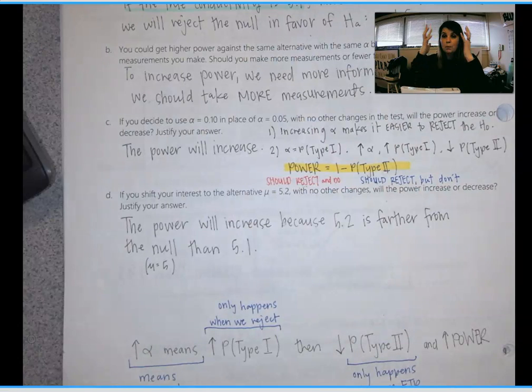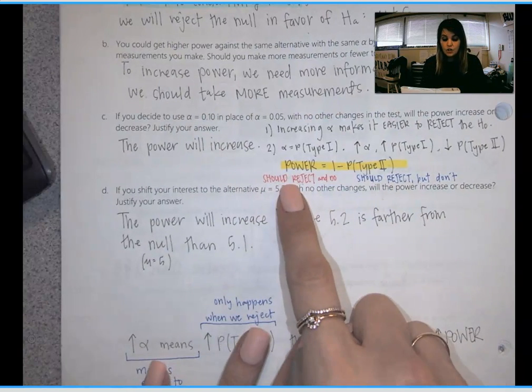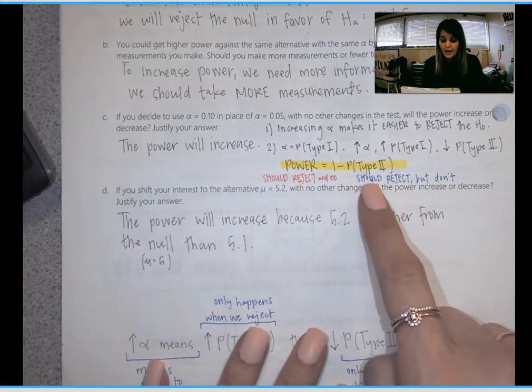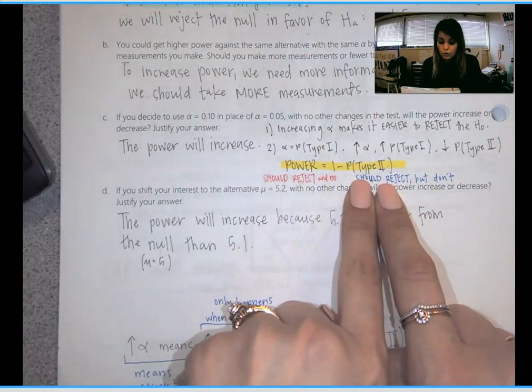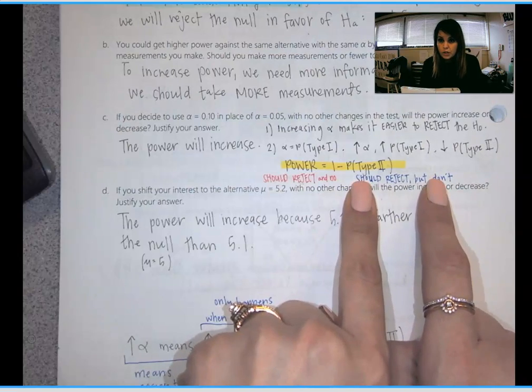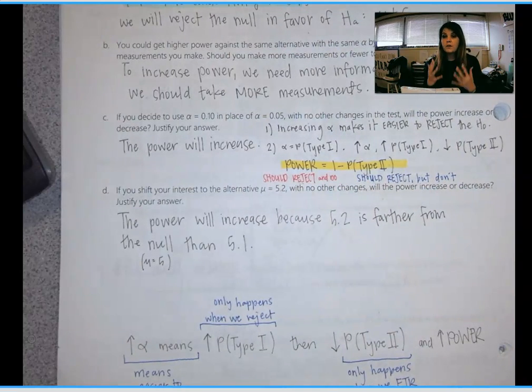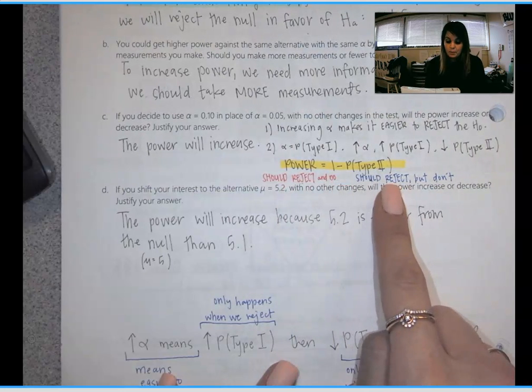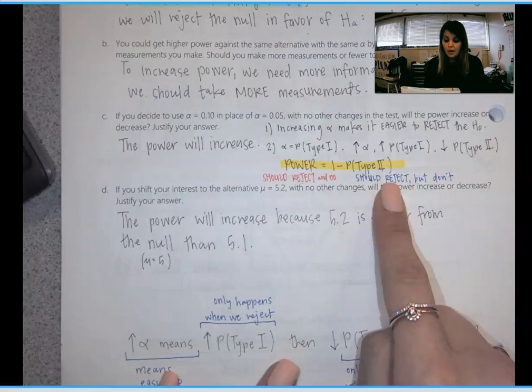So you have this bubble, which is all of the situations in which you reject. So you have the chances that you should reject and do. If you add that to should reject but don't, it equals 100% of the times you should reject. So, power is 1 minus the probability of a type 2 error.